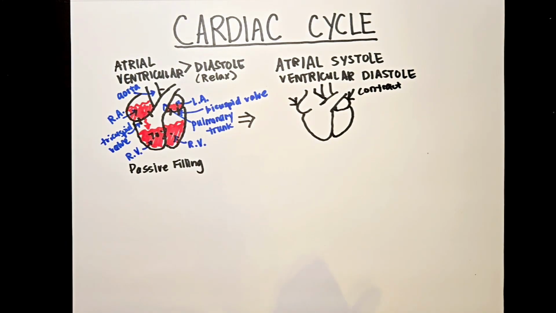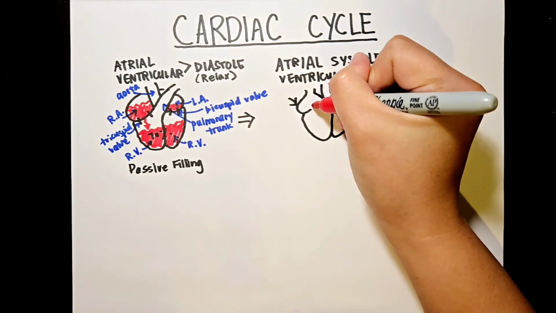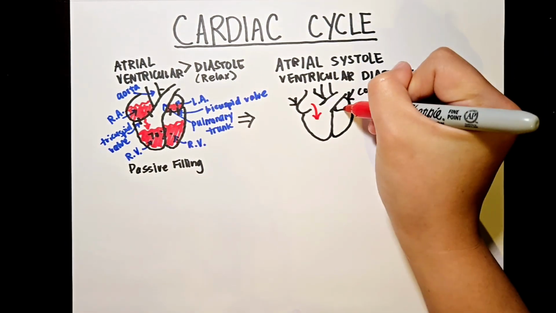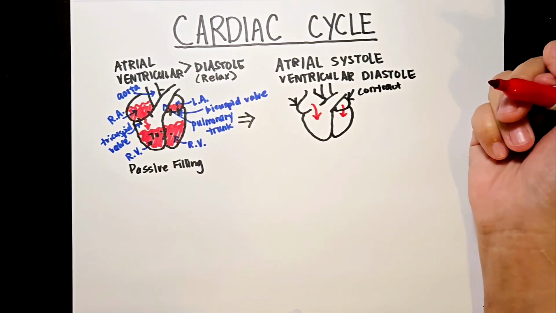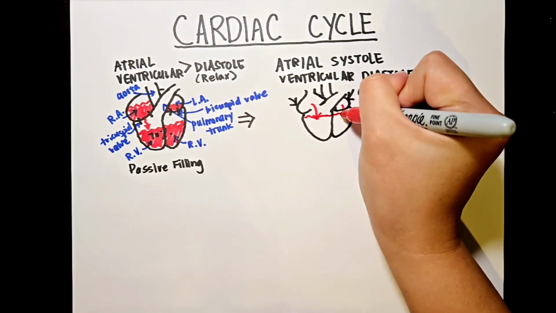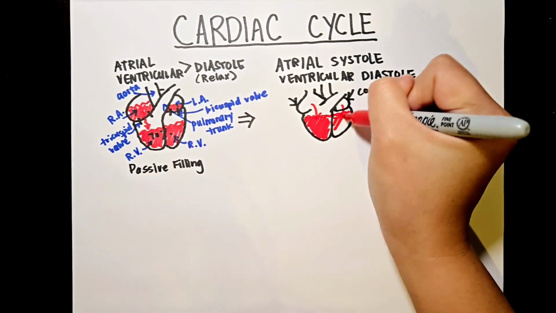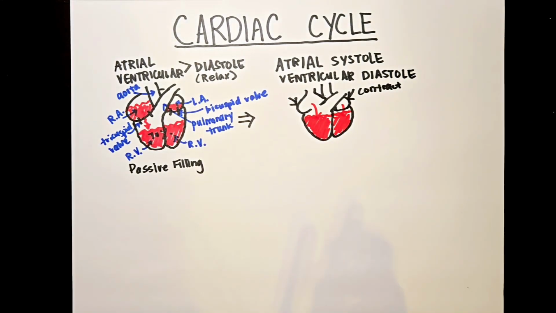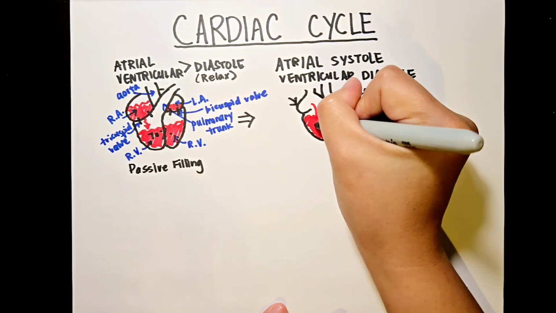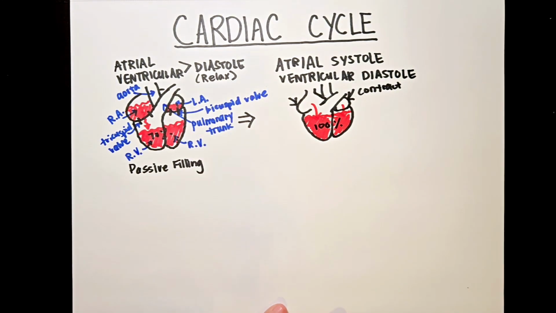Okay, so the atria contract and push all of that blood that's still remaining in the atria to fill both ventricles completely. So now, technically speaking, we have 100% filled ventricles for both left and right.